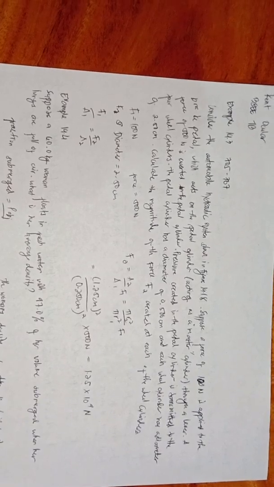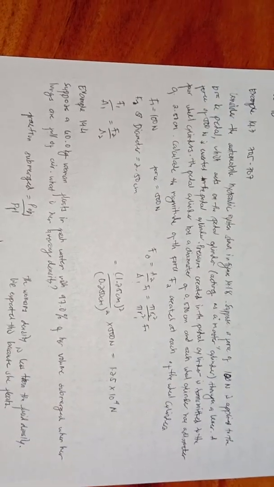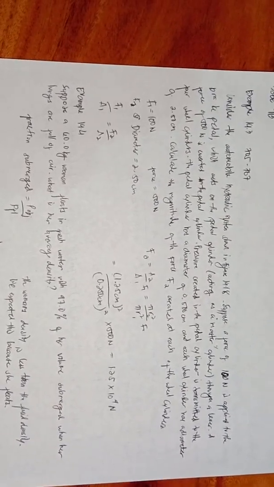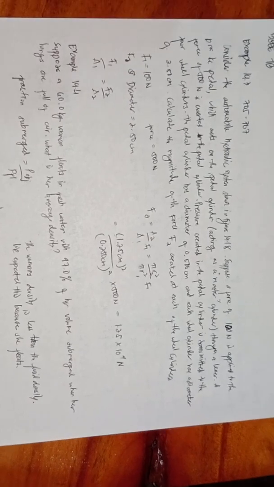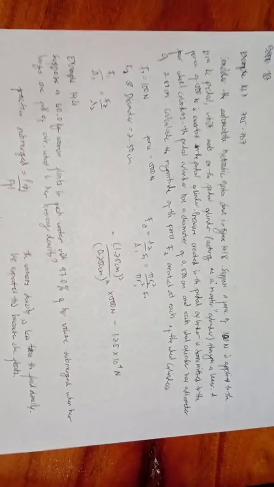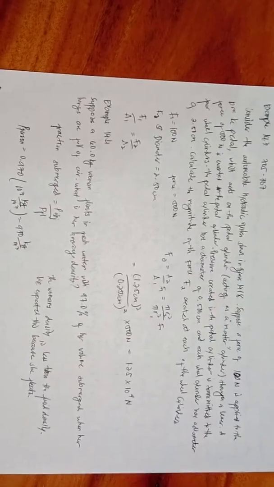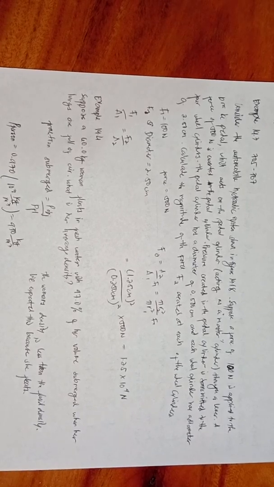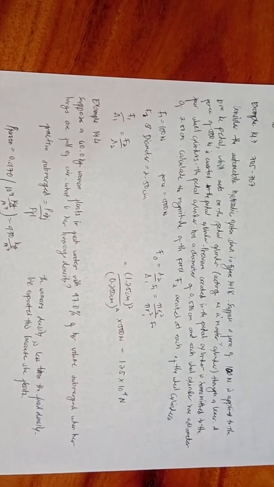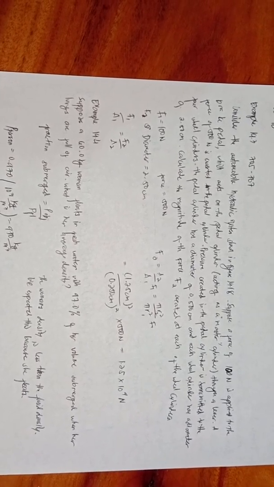Example 14.3. Consider the automobile hydraulic system shown in figure 14.18. Suppose a force of 100 Newton is applied to the brake pedal, which acts on the pedal cylinder, acting as a master cylinder through a lever. A force of 100 Newton is exerted on the pedal cylinder. Pressure created in the pedal cylinder is transmitted to the four wheel cylinders.